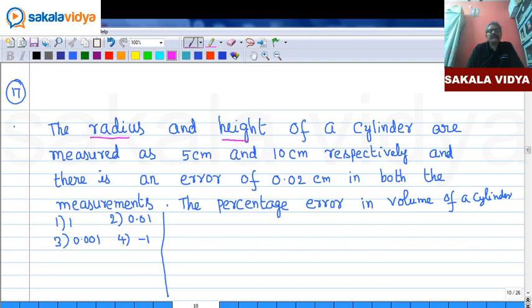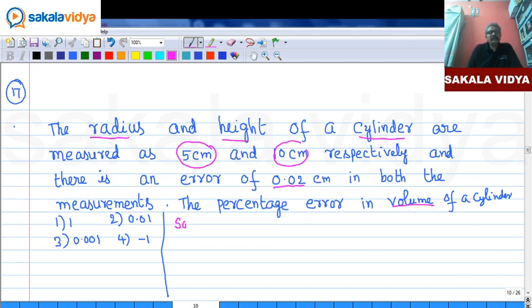Radius and height of a cylinder are 5 centimeters and 10 centimeters respectively. Error in height is also 0.02 centimeters, error in radius is also 0.02 centimeters. Then we need to find the percentage error in the volume.